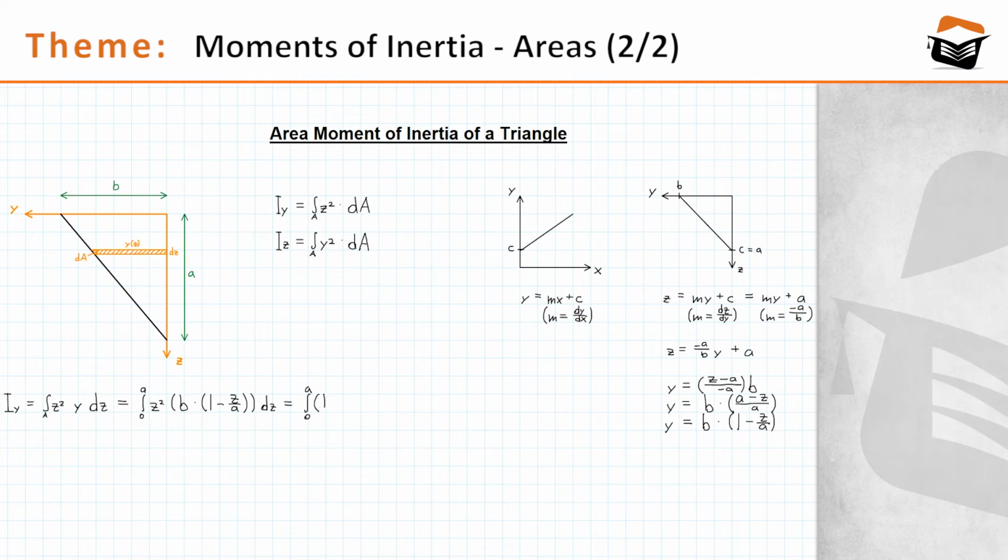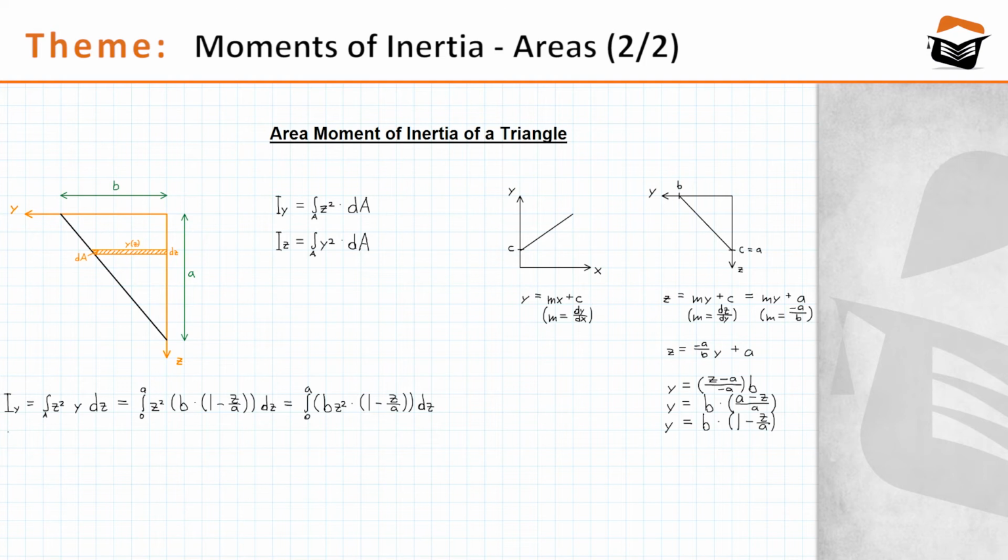It's going to be bz squared times 1 minus z over a times dz.